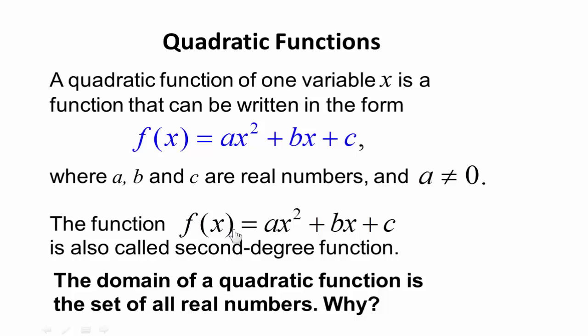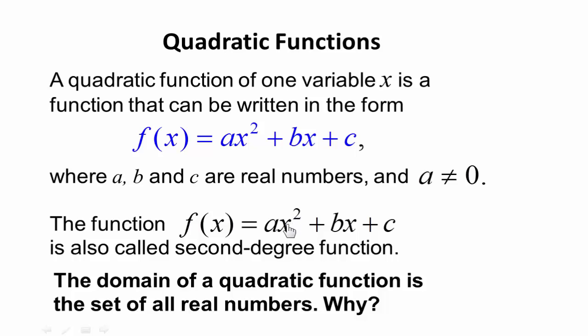So the function f of x equal to ax squared plus bx plus c is also called a second degree function because the highest power that occurs in the x is 2. The domain of a quadratic function is the set of all real numbers, because I can plug in any x here and you can square any number, whether it's rational or irrational.